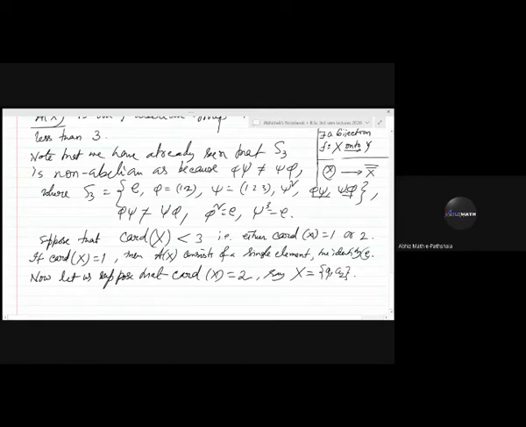So the permutation group of this consists of 2 elements: one is the identity, and the other is the cycle (A1 A2), that is, A1 goes to A2 and A2 goes to A1.